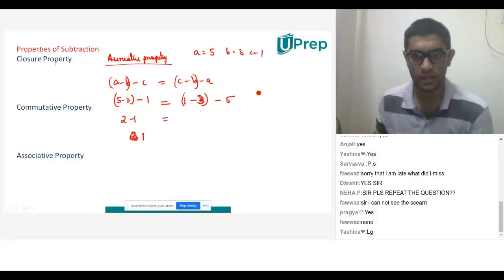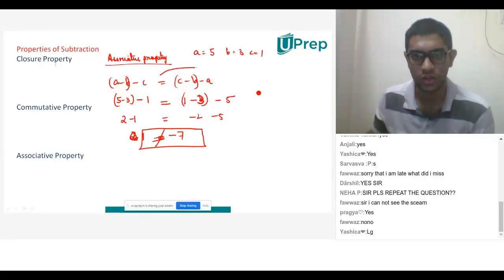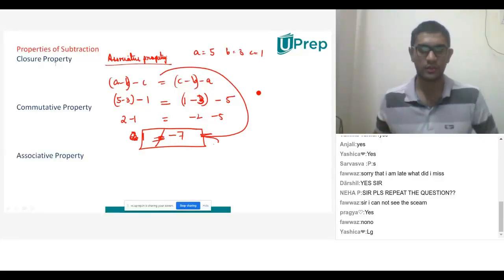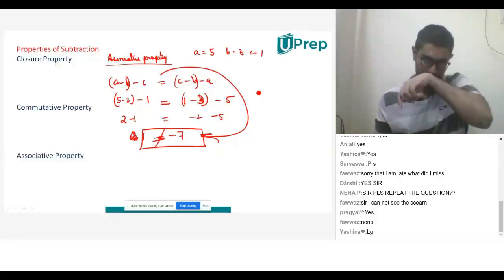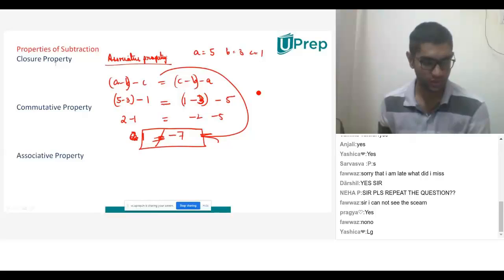Now 1 minus 3 is minus 2 minus 5, which is minus 7. Is it equal or not equal? Not equal. In subtraction, it is not possible that the left hand side is equal to the right hand side. So basically, they are not equal. As simple as that. That is the associative property.